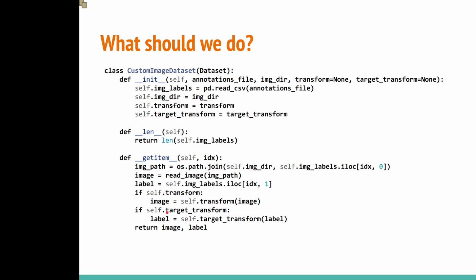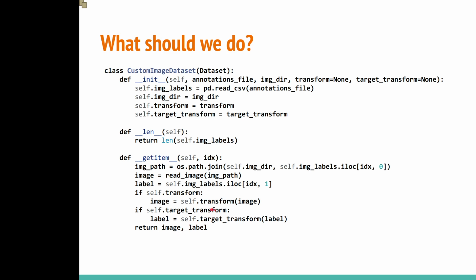And if the target is an image as well, for example, for a segmentation task, the label is actually another image. For example, if we have an object, the label image might be an object mask, a picture where the value is one in the location of the object.